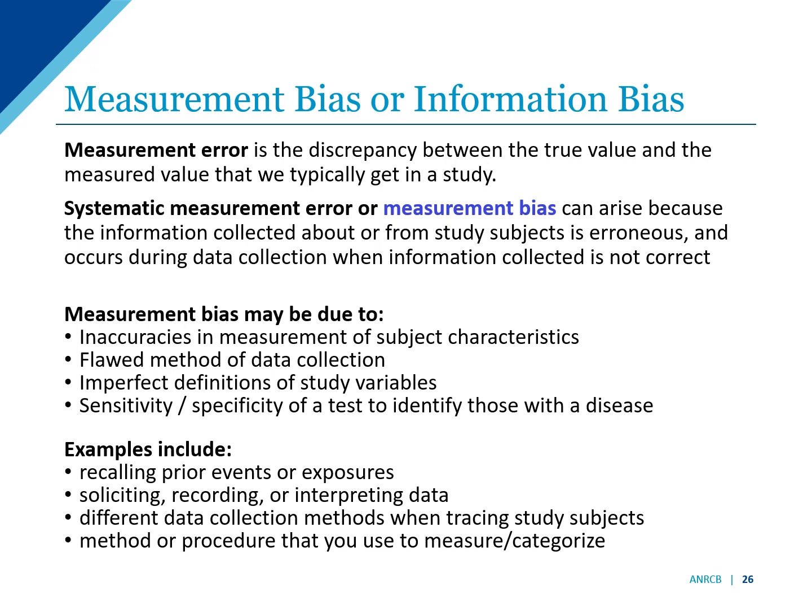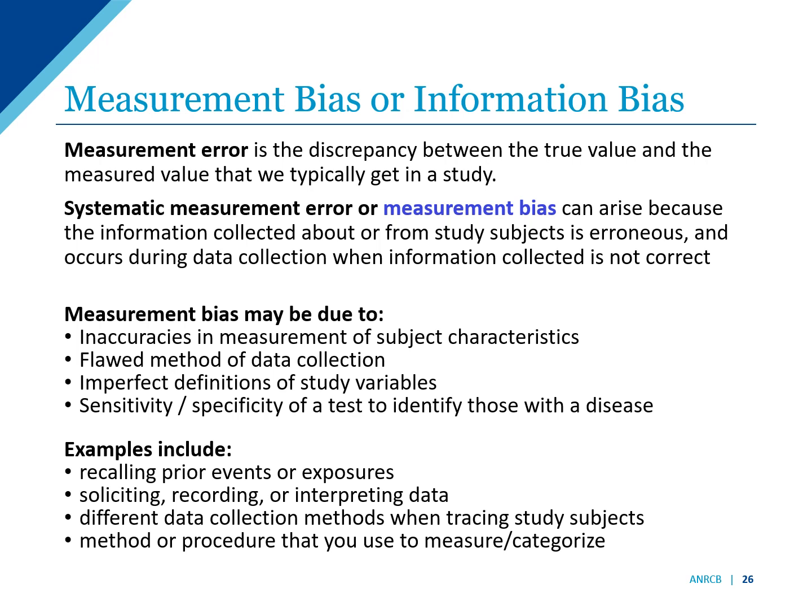Measurement bias or information bias is the discrepancy between the true value and measured value that we typically get in a study. Systematic measurement bias can arise because the information we collect is erroneous, and it typically occurs during data collection.